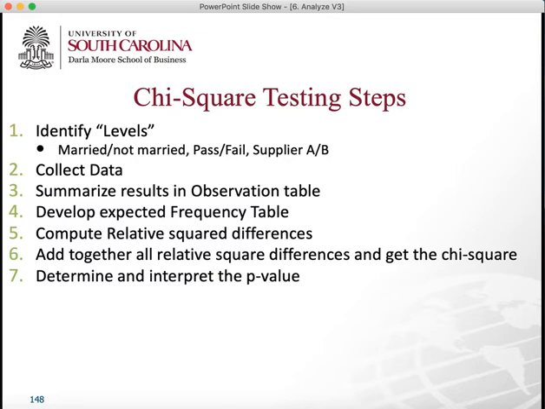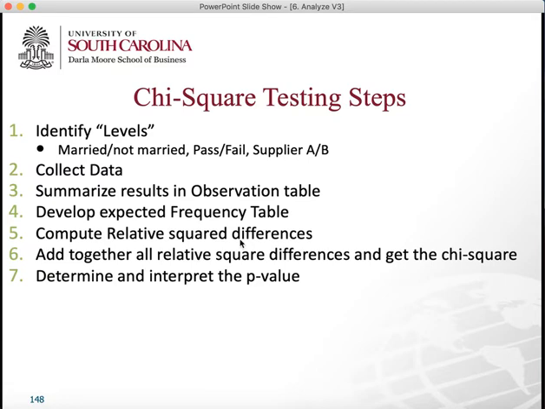And these are the steps: identify the level, identify the classifications that we're going to look at, collect the data. We're going to summarize what we call an observation table. We're going to summarize what we call an expected frequency table. So these are the two tables that we need to fill out. Then we're going to compute the relative square differences.